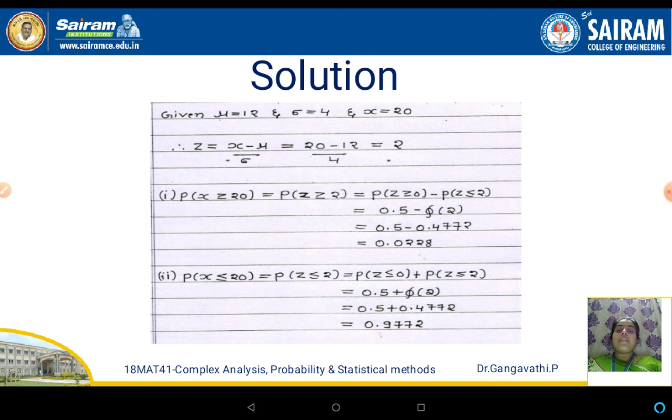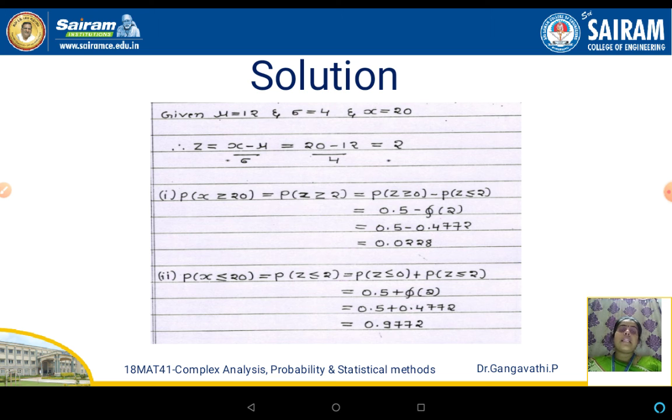P of x greater than or equal to 20 can be written as P of z greater than or equal to 2. So when x is greater than or equal to 20, on evaluating we got z equal to 2, so z greater than or equal to 2 is to be evaluated here. Whenever we get greater than, it is always better to go for the standard expression, which is P of z greater than or equal to 0 minus P of z less than or equal to 2.